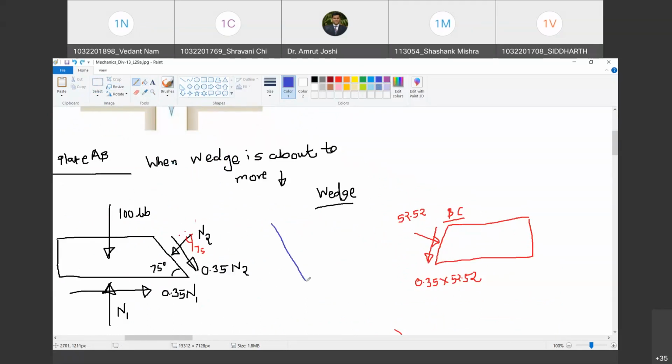These are the surfaces. Now, this I need to reverse the direction, so this is going to be N2. This I need to reverse the direction, it is going to be like this. Here also I have to reverse its direction, and this one too. Now tell me how much is 0.35 times 52.52?